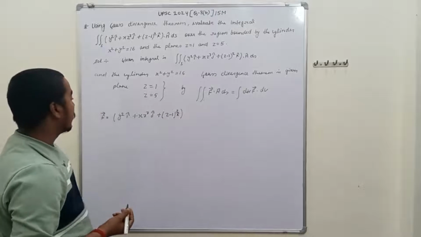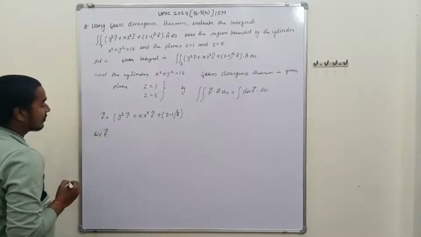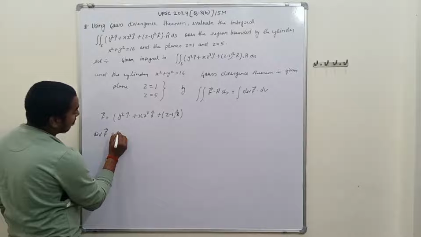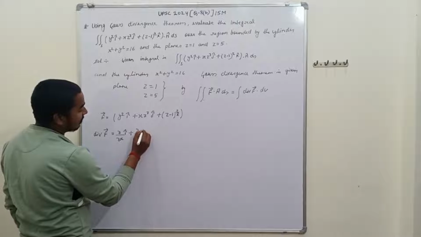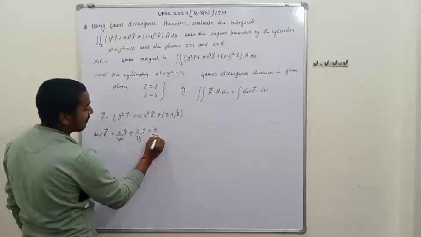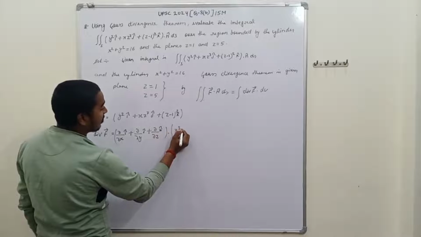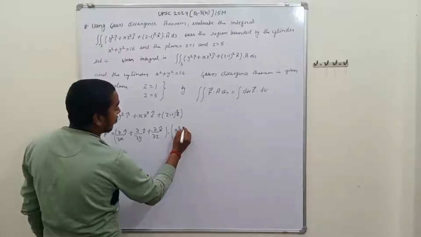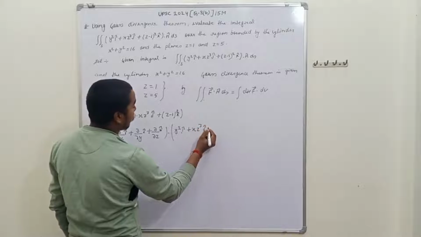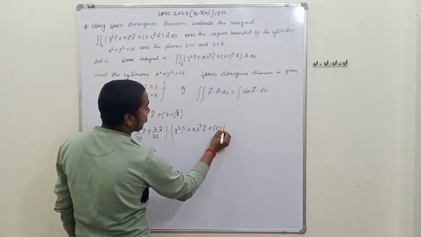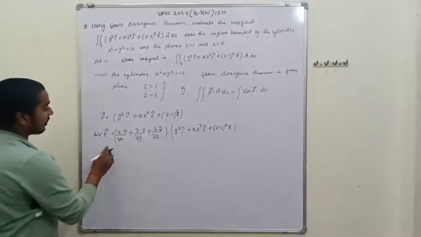From here we have to find the divergence of F, which is given by del by del x i cap plus del by del y j cap plus del by del z k cap dot y square i cap plus xz cube j cap plus (z minus 1) whole square k cap.